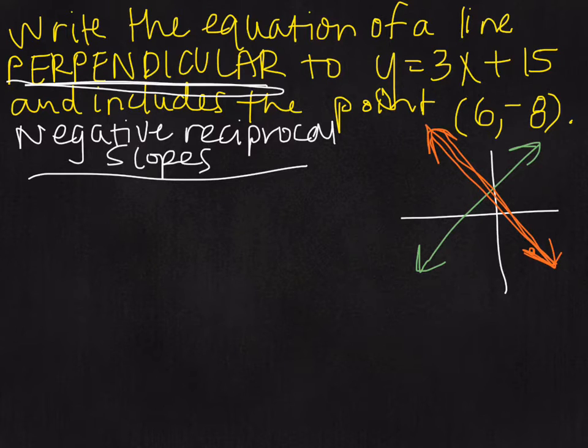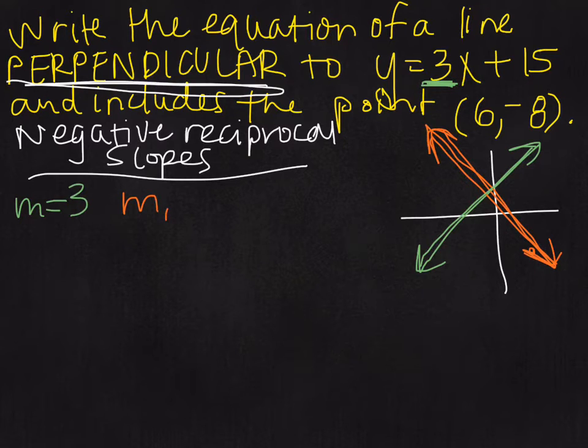Well, I do know what the slope of the original line is. The slope of this original line is 3. And I know the slope of a line perpendicular to that is going to have a negative reciprocal slope.